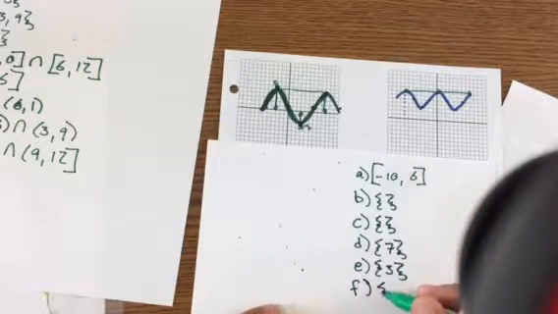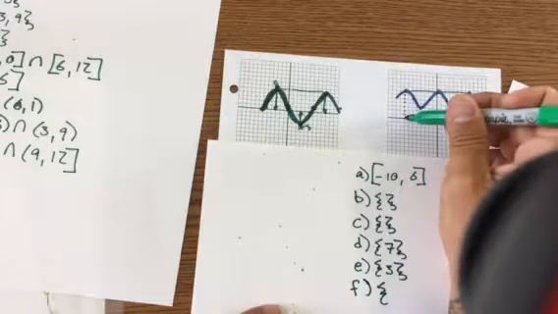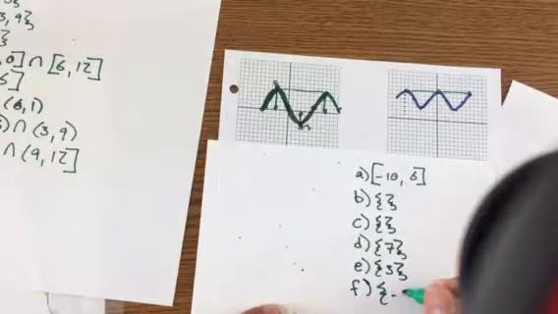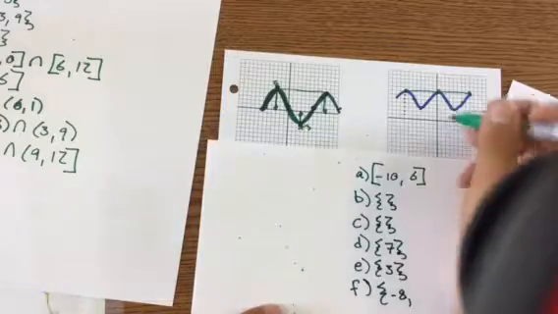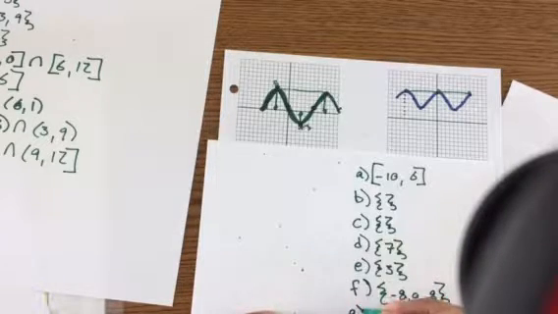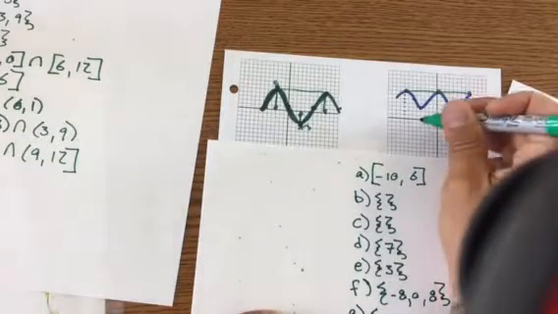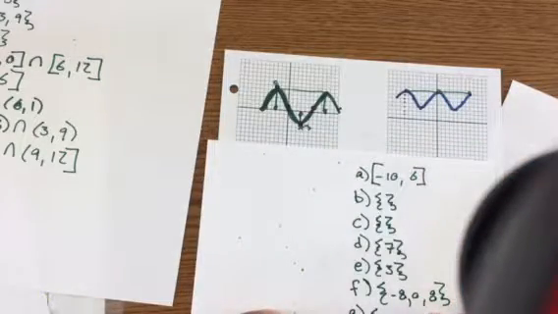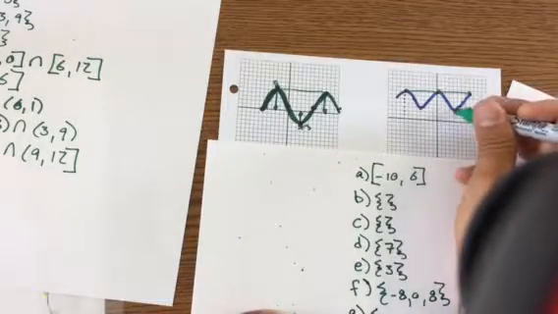Maximum input is going to be negative 8, that's 0, it's positive 8. Minimum input is going to be negative 4, positive 4.